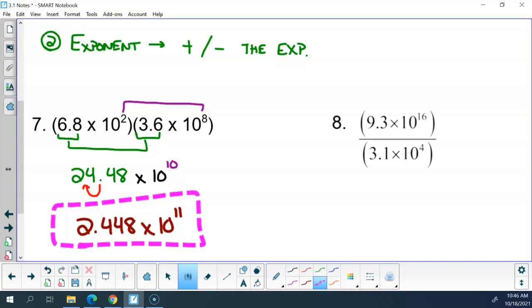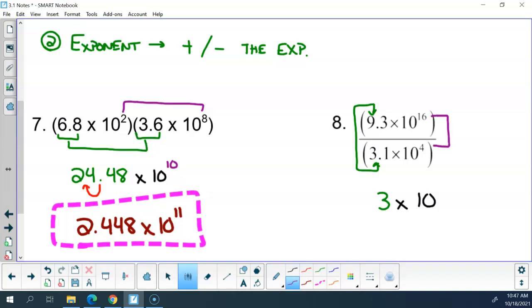A divide problem. Same thing. First I deal with the numbers. So I'm going to deal with these two numbers first. What am I doing with the numbers? I'm going to divide them. 9.3 divided by 3.1. Don't even need a calculator. What do you got? 3. Times 10 to the, and what do I do with my exponents?